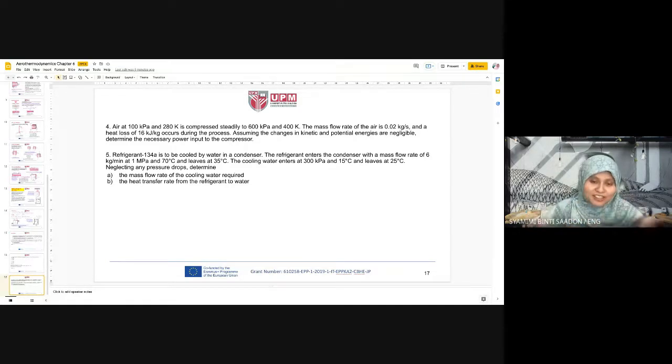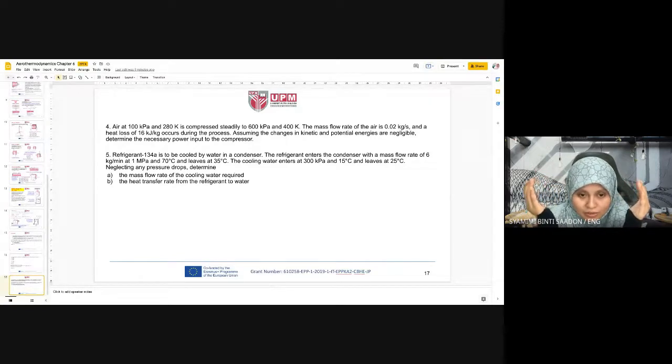The heat has to be exchanged with each other, so at least we have to have two fluids. So what are those two fluids in this question? Those two fluids are refrigerant 134A and the other one is water. So we have these two fluids inside the condenser.